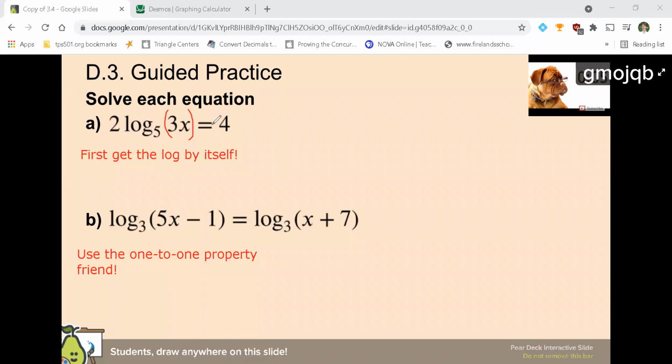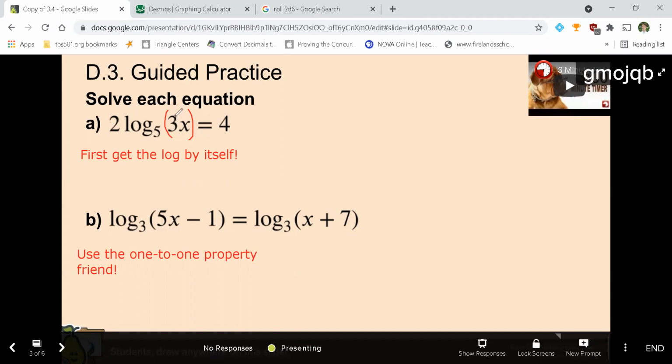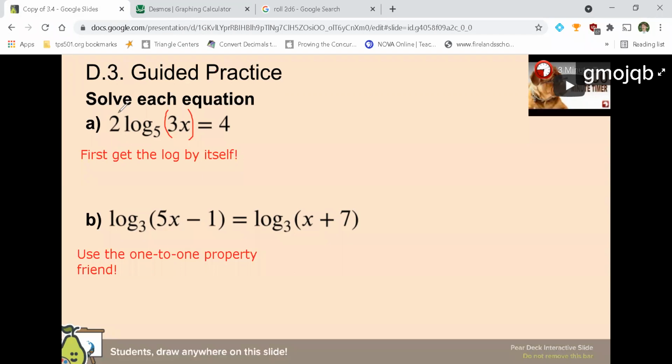They left it off, but really, if you're doing this properly, there are actual parentheses around here. Okay, so you should have log base 5 of 3x equals 2, right? First thing I need to do is get the log by itself, which means I need to get rid of this 2. How do I get rid of that 2? Divide. Or you could have made it a power, because it would make the problem a little bit harder.